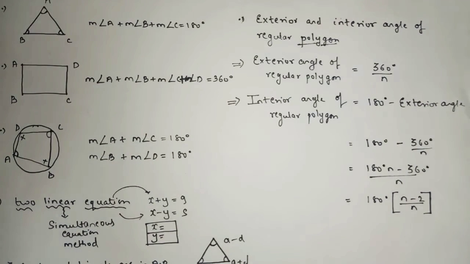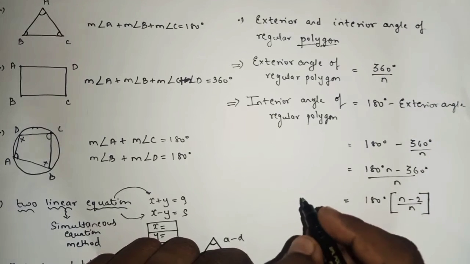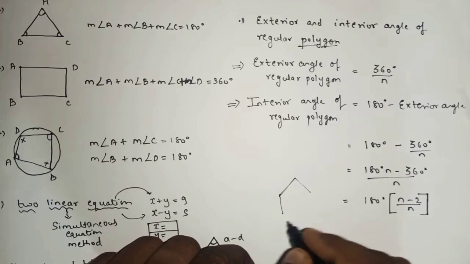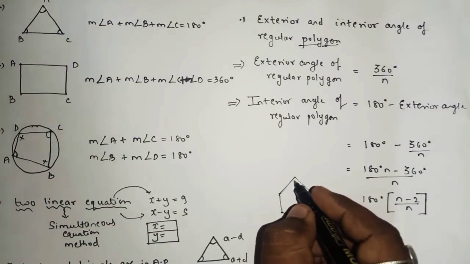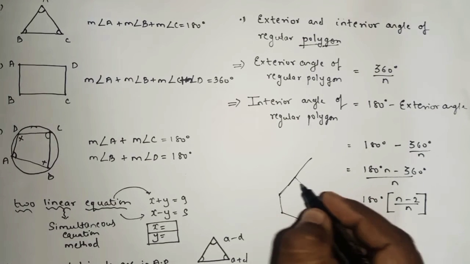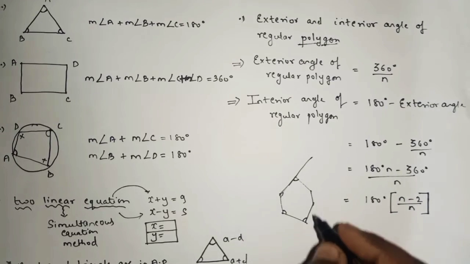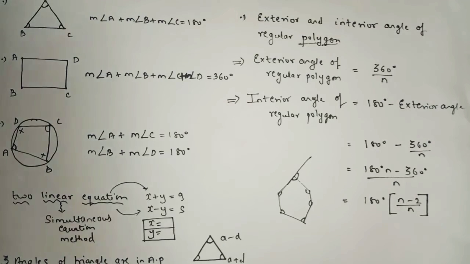Suppose here we have a hexagon, which means having six sides, and you have to find the interior angle as well as the exterior angle, whether it is a hexagon, pentagon, or octagon.